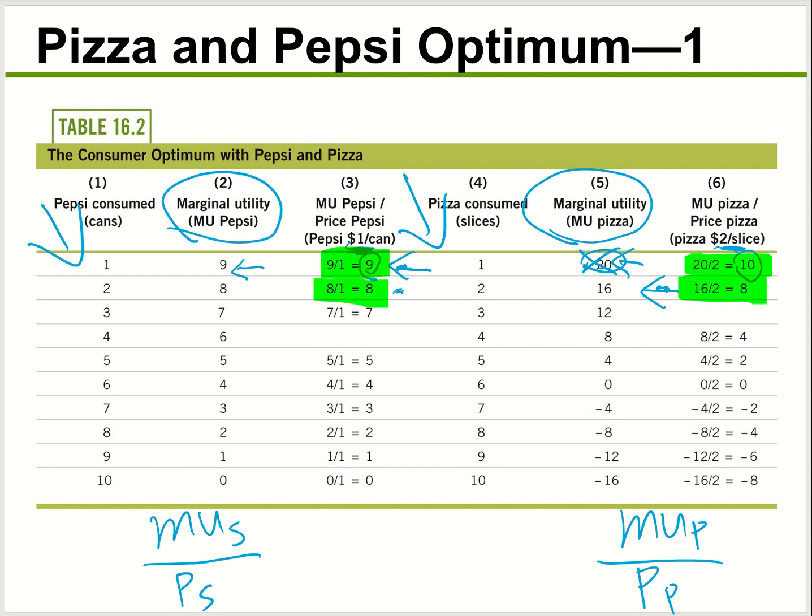For soda, you get 7 utility for every $1 spent. But for pizza, that is 12 divided by 2, which is 6. So your soda is more, so you buy your next soda, and then for your sixth consumption, we buy the pizza here.